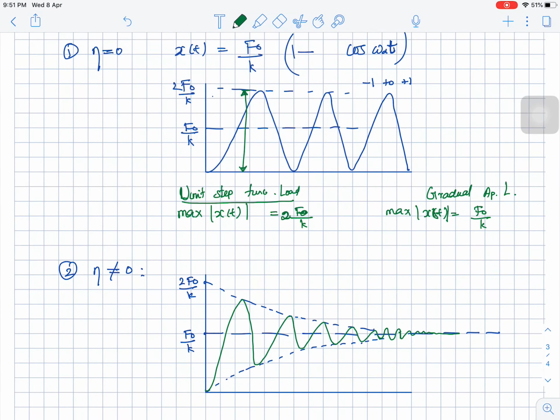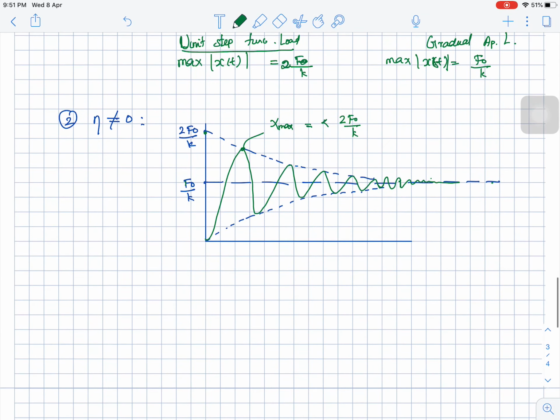So here you need to know this x max. Here this x max will be little less than 2 f naught by k. Here it will start with f naught by k, it gradually decreases and it decreases to f naught by k, which is the static deflection.